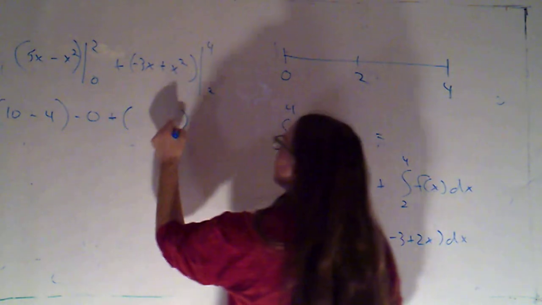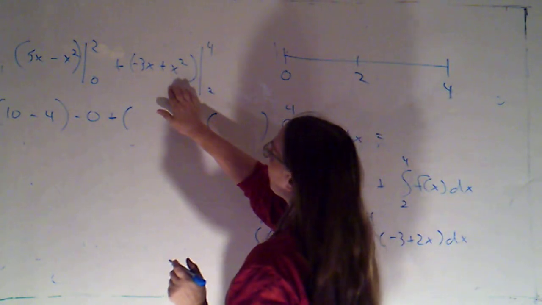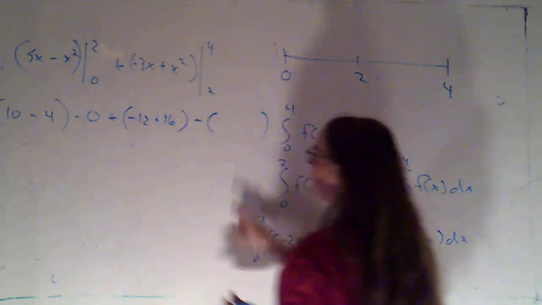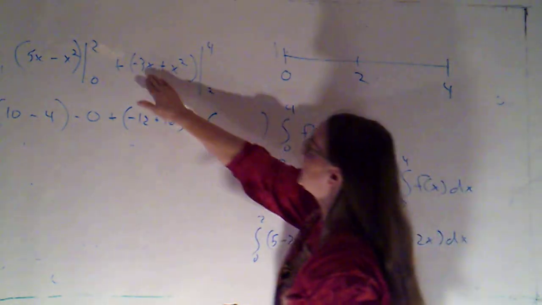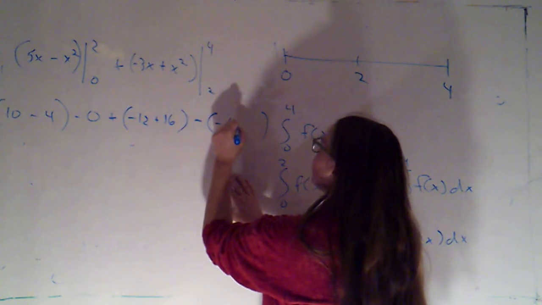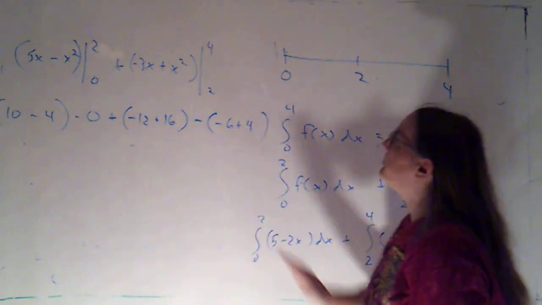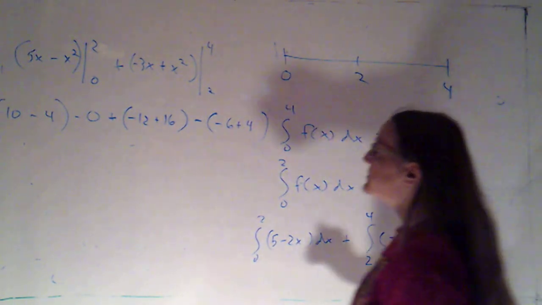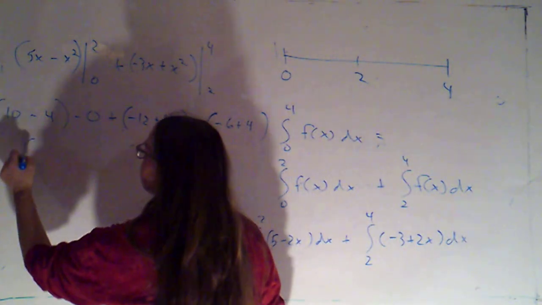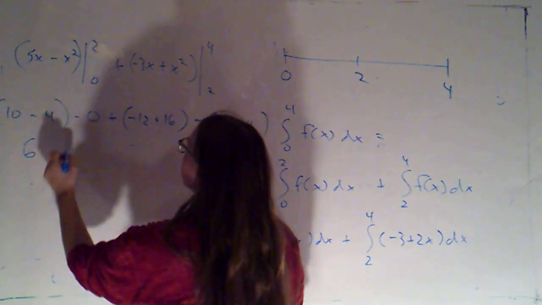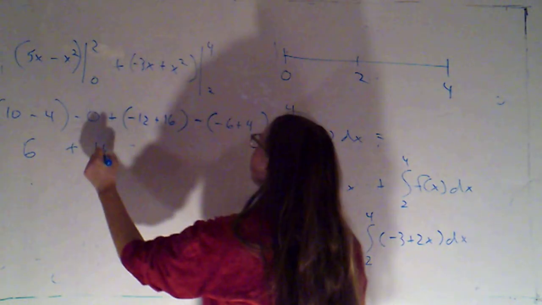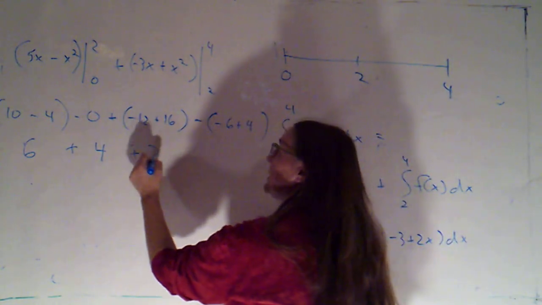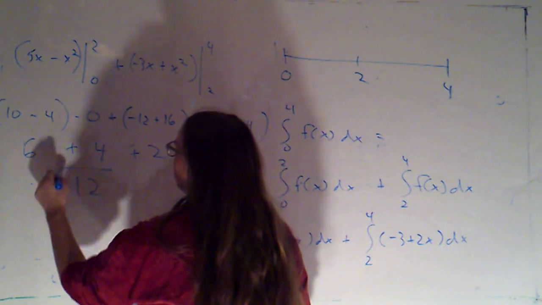Plus, when I plug in 4, I'm going to get negative 12 plus 16, minus, when I plug in 2, I'm going to get negative 6 plus 4. All right, so this is going to give me 6, let's see, minus 0, plus 4, minus a negative 2 is going to be plus 2, and that's going to give me 12.